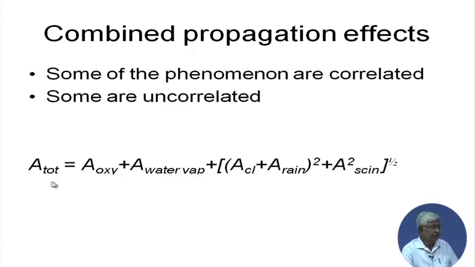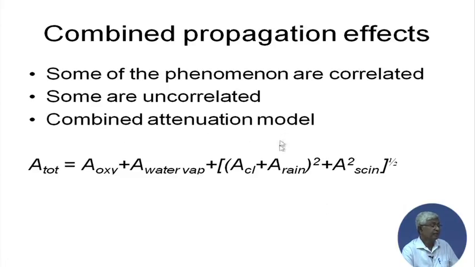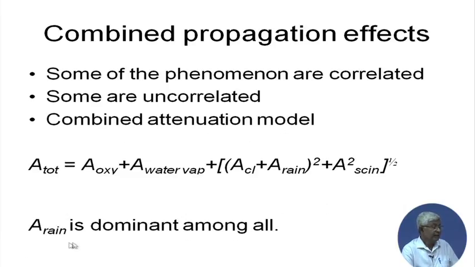So, there is a model where the total attenuation can be framed as attenuation due to oxygen plus attenuation due to water vapor plus attenuation due to cloud and rain square plus attenuation due to scintillation square, and the whole thing square root of that. This is a combined attenuation model, and rain is the most dominant for our frequency of interest right now.